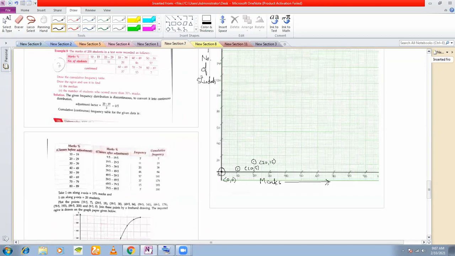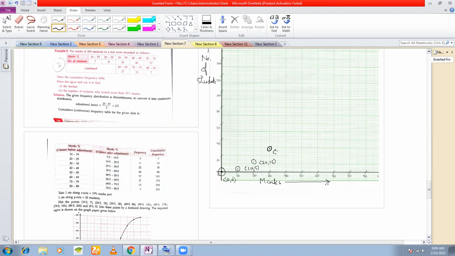Next coordinate is 30, 29. This is your 30, and you locate 30 first, and this is your 20, so this here should be your 30. So 29 should be somewhere over here, just between the 29th and the 30th division.